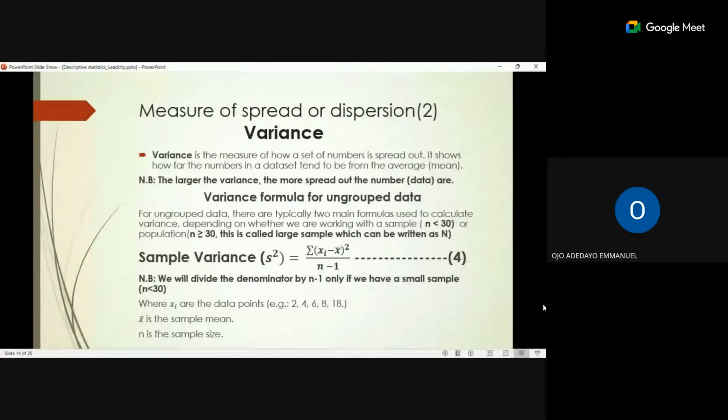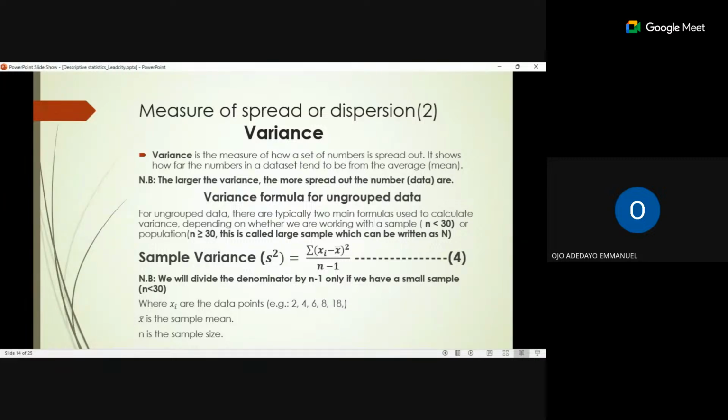Let's say, for instance, you have your values from 20 to 100, and after you've calculated your mean, you discover that your mean is 40. All other values that are not 40, how far apart are they from 40? That is what the variance is checking. Note this: the larger the variance, the more spread out the data.